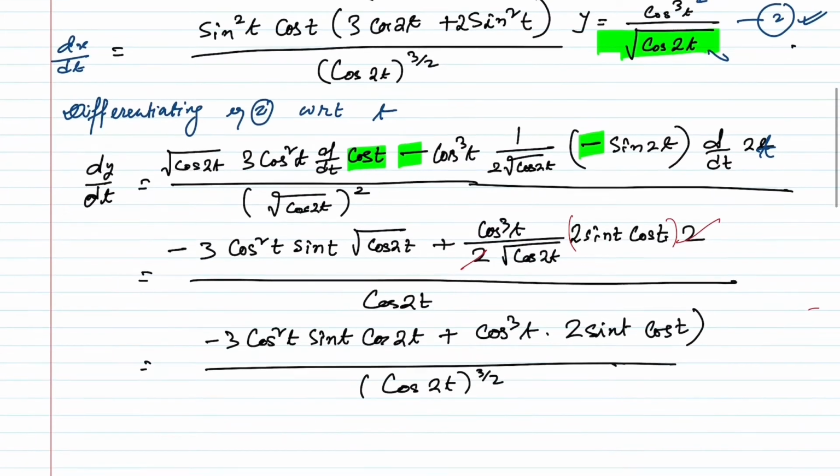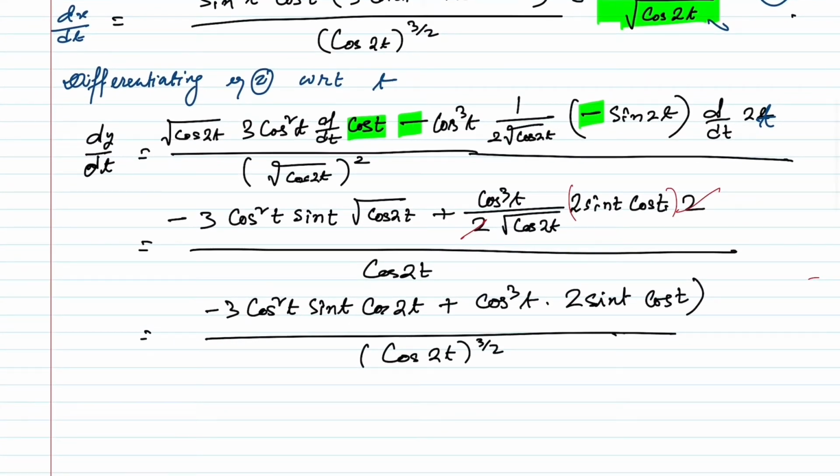Let me scroll down a bit more. Now let us check what terms can be taken common. From these two, cos square t and cos cube t, we can take cos square t common, and we can take sin t common.